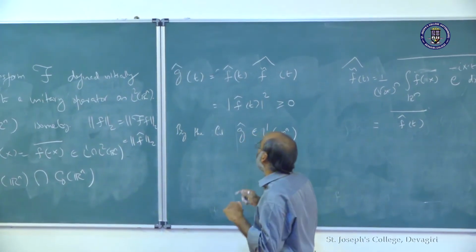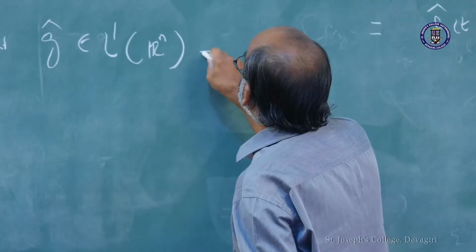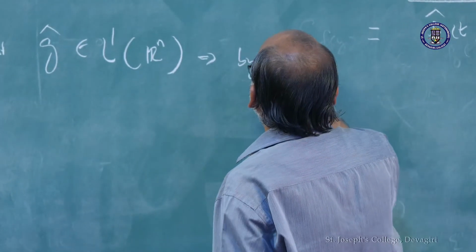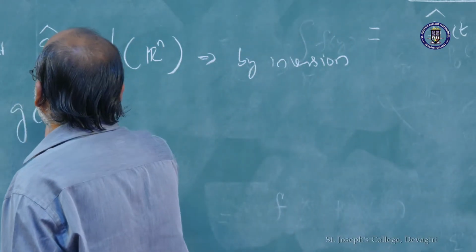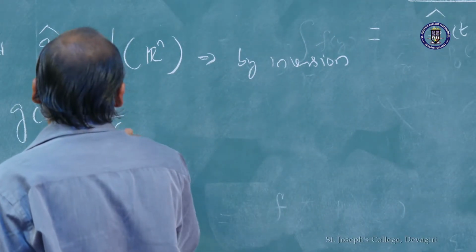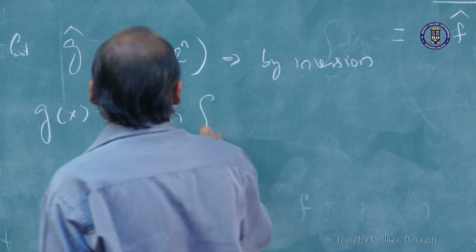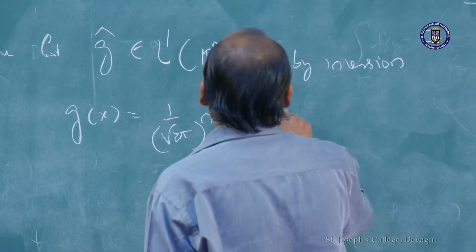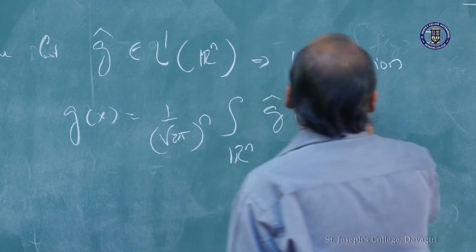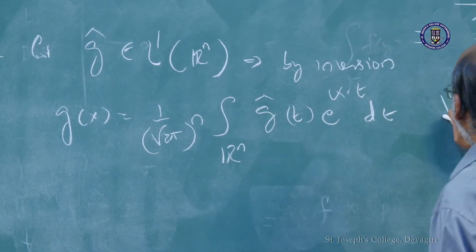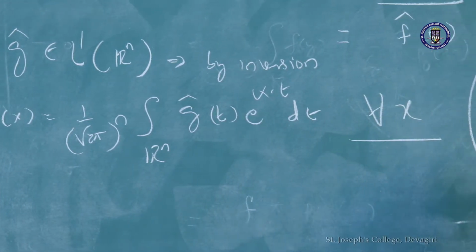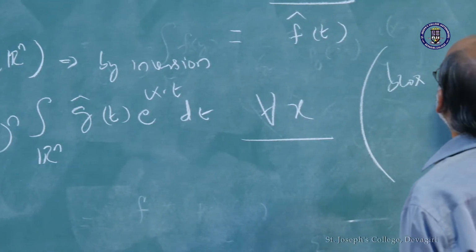This implies by inversion g of x equals 1 by root 2 pi to the n integral over Rn g hat t e to the i x dot t dt. This is true for every x, because both sides are continuous.